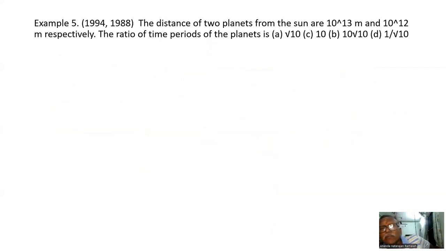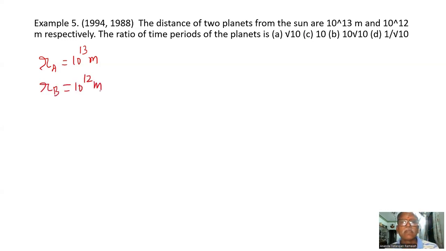The distances of two planets from the sun are RA, distance of planet A is 10 power 13 meter, and of the other planet, 10 power 12 meter respectively. Find the ratio of the time periods of the planets.